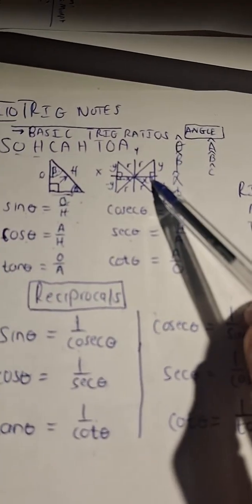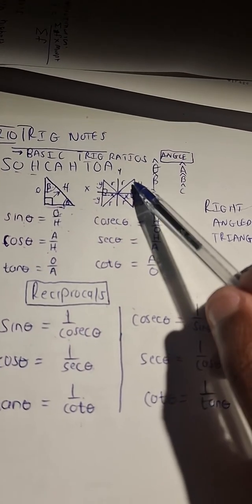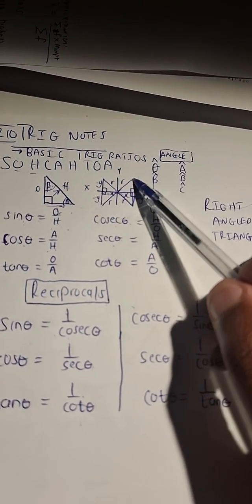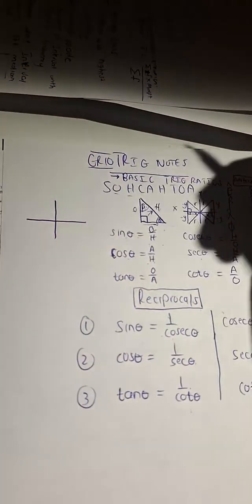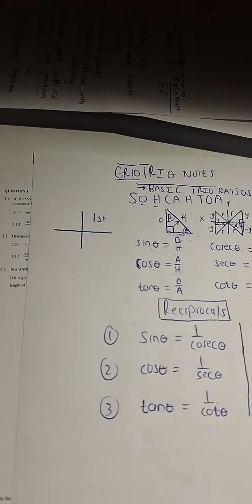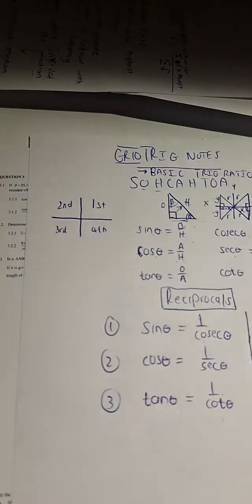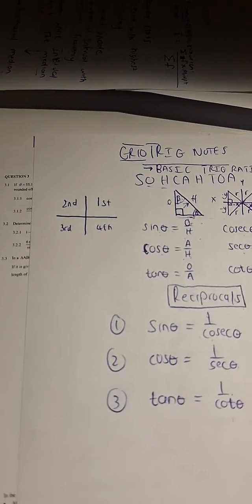Now, coming back here. In this, what we call the Cartesian plane, we have what we call the first quadrant, the second quadrant, the third quadrant, and the fourth quadrant.